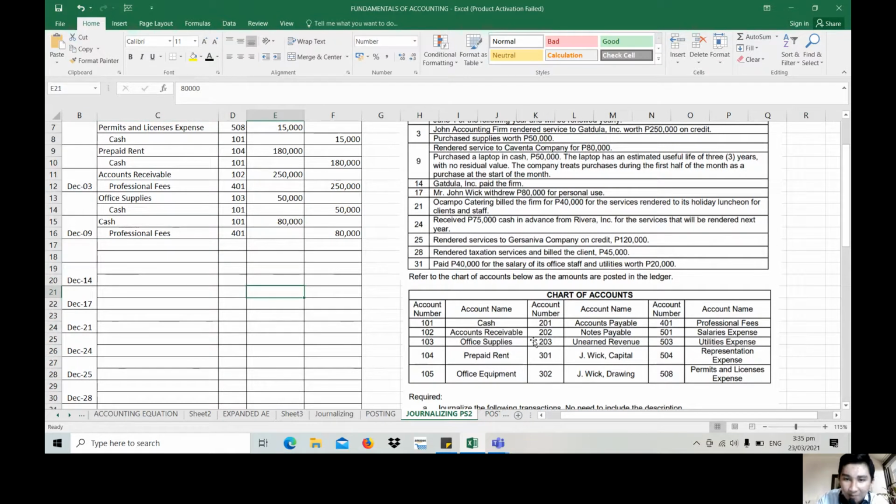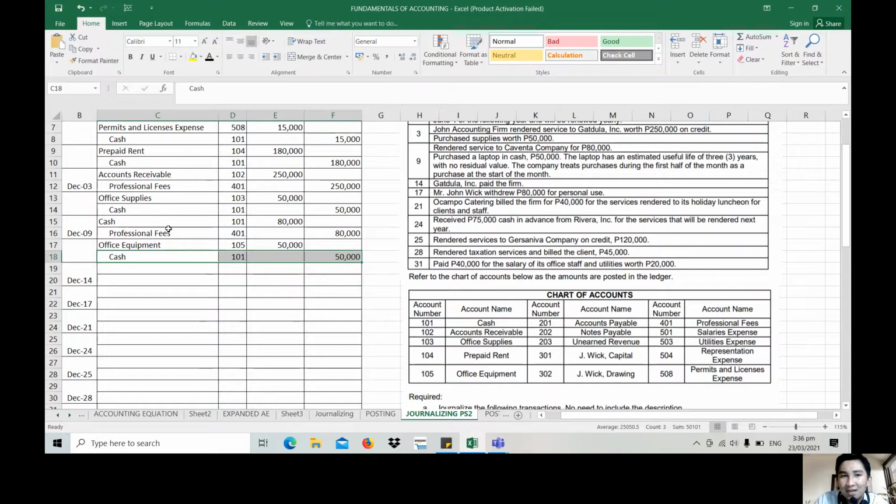So therefore, may laptop ba na pangalan sa chart of accounts? Wala naman. But we can classify laptop as office equipment. Okay, so therefore, our debit here is office equipment, which is worth 50,000. And our credit here is another 50,000, pero ano? Cash. Wala namang sinabing on account, right? Okay, so that is paid in cash.